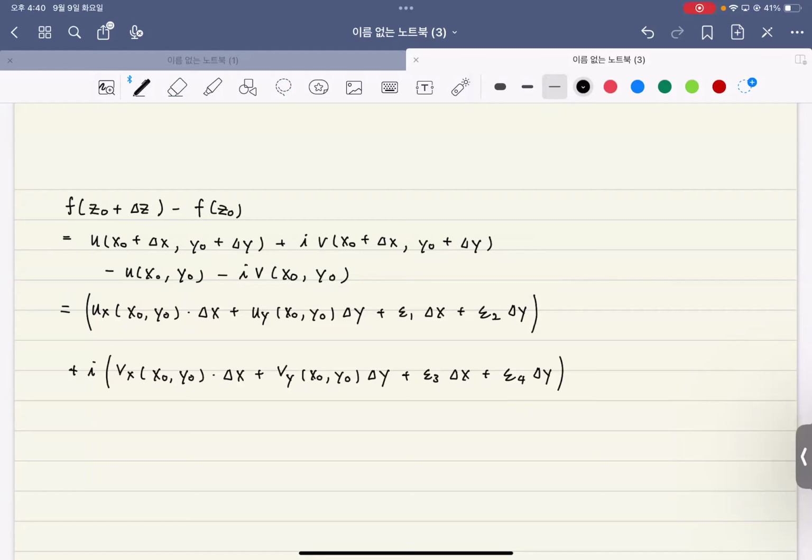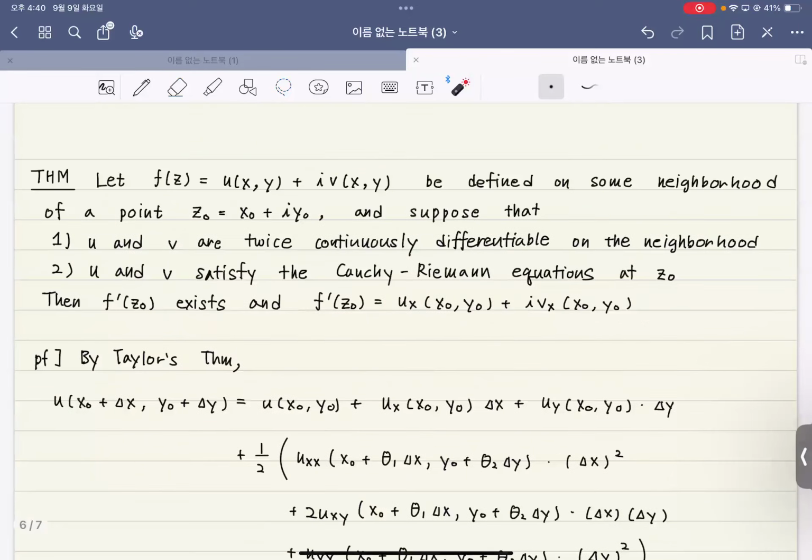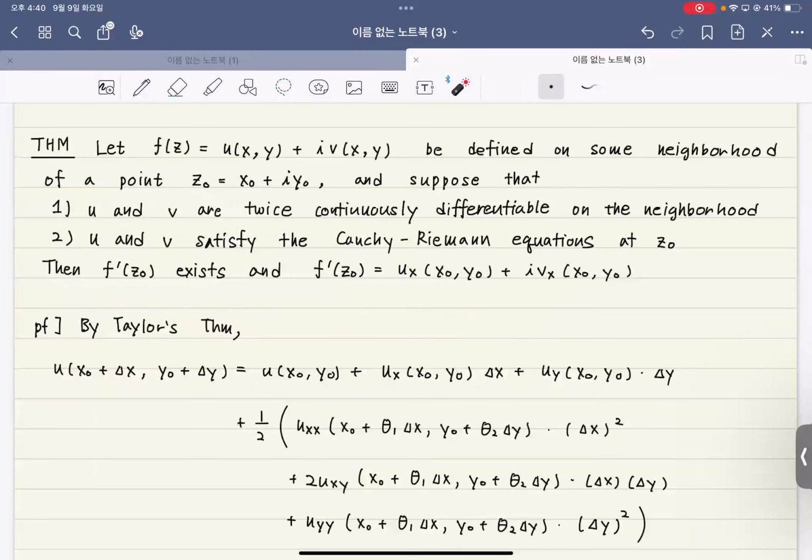Okay. Now what? So far I'm just taking advantage of condition number 1, that is, u and v are twice continuously differentiable. Now it is time to make use of the Cauchy-Riemann equations.